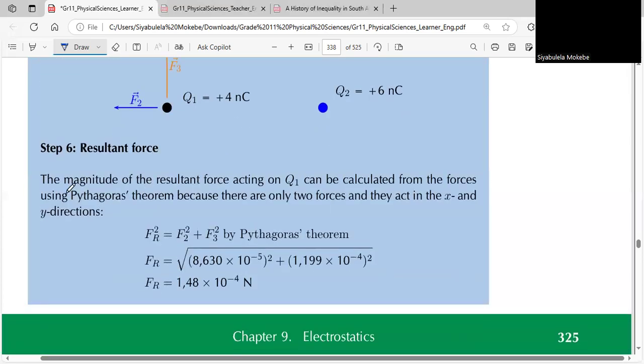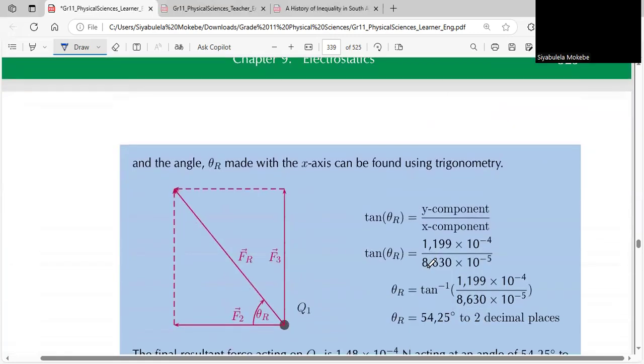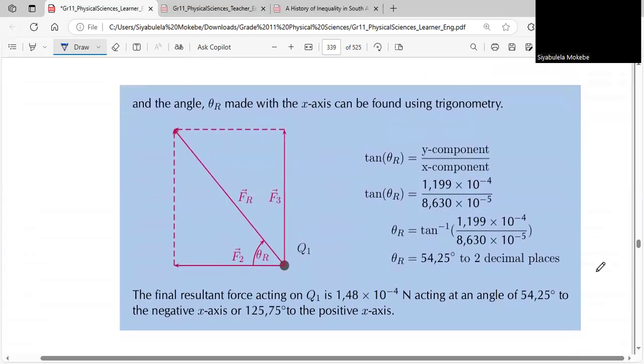Then to find the resultant force, the magnitude of the resultant force acting on Q1 can be calculated from the forces using Pythagoras' theorem because there are only two forces and they act in the X and Y direction. So the resultant force will then be 1.48 times 10 to the negative 4 newtons. And then the angle made with the x-axis can be found using trigonometry.